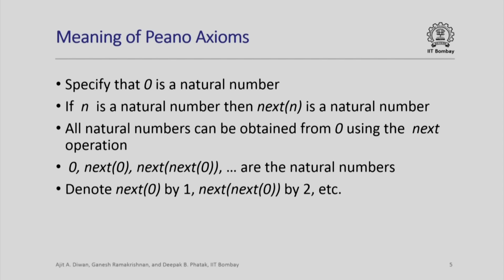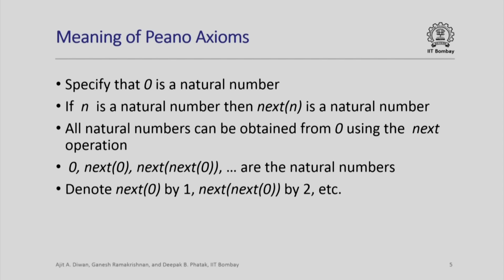So because 0 is a natural number, next of 0 is a natural number, next of next of 0 is a natural number, and so on. So we can keep applying the next operation and generate more and more natural numbers. All of these are natural numbers, and exactly these are the natural numbers.